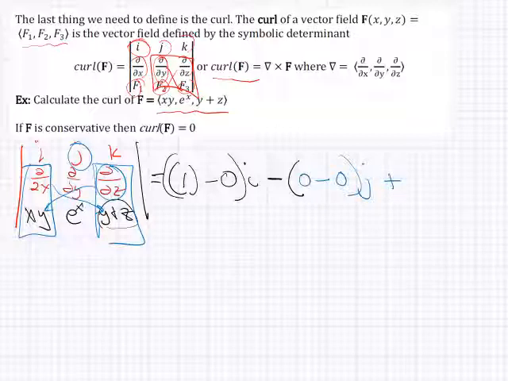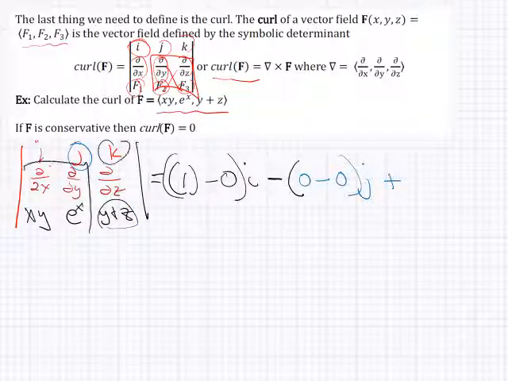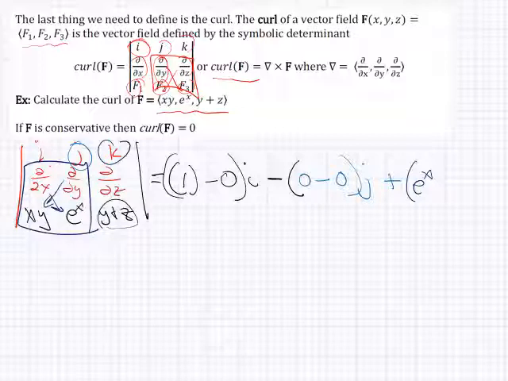Plus the third one is the k component, so we use this. The partial with respect to x of e to the x would be e to the x, minus the partial with respect to y of x times y, which would just be x, and that's my k.